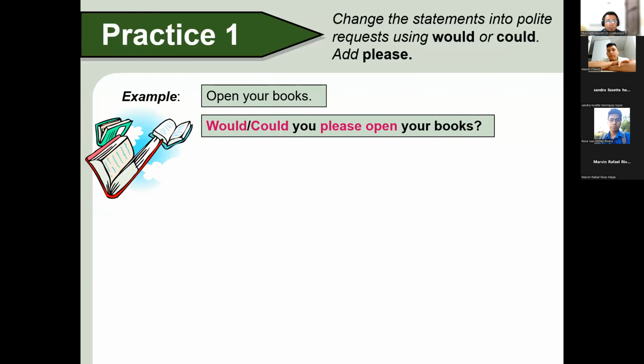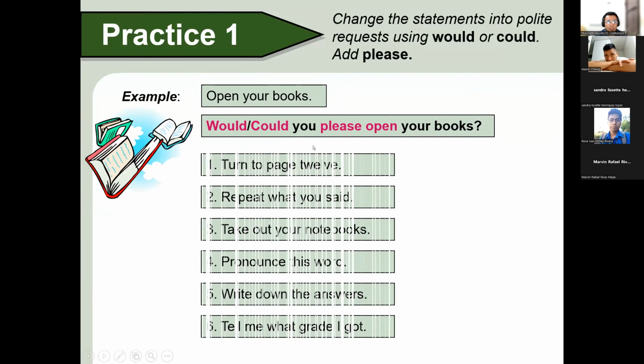Okay, so now we're gonna create polite requests using the imperatives. We have the imperative, open your books, right? How can you make it more polite? Would or could, usando would o usando could. Would you please open your books? Now let's create the rest. Turn to page 12. How could you make it more polite? ¿Cómo podríamos hacerla más cortés?